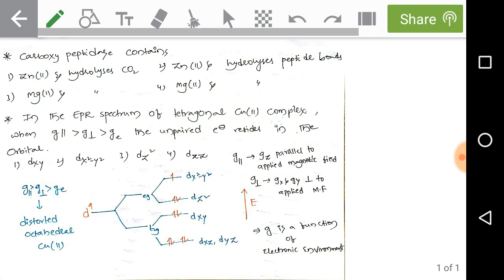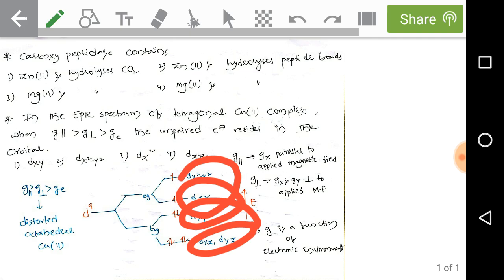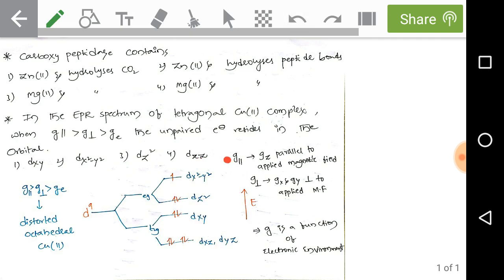In the presence of the ligand field, it splits into eg and t2g, and further splits into dxz, dyz, dxy, dz square, and dx square minus y square, and dx square minus y square is the highest energy orbital. So the unpaired electron is present in dx square minus y square.